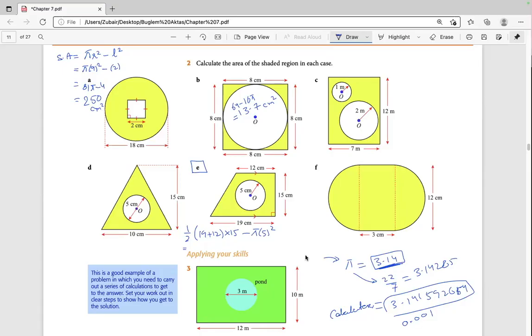Wait, I don't think I'm getting 285. I divided it by two, so wait.